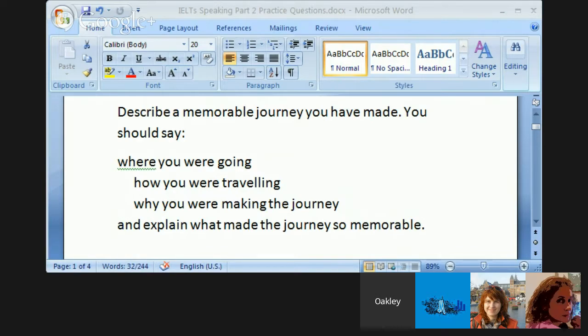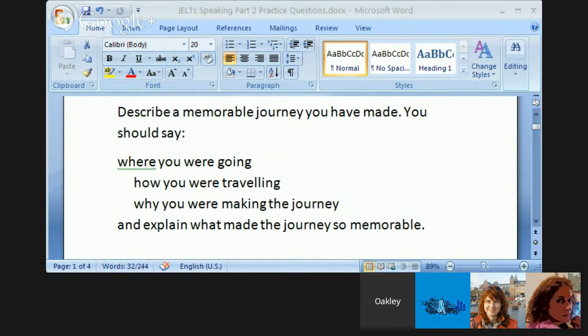Now, the first part of this example I've given you, I would like to tell you about, is pretty foolproof. An object, the first toy I had, a place, a vacation I had in Paris, a person. I would like to tell you about my grandfather. Doesn't matter what it is.